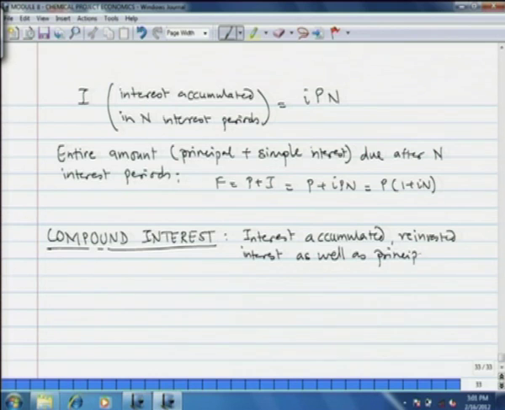So, in this case the interest is always added to the principal. The calculation of compound interest is rather straightforward.